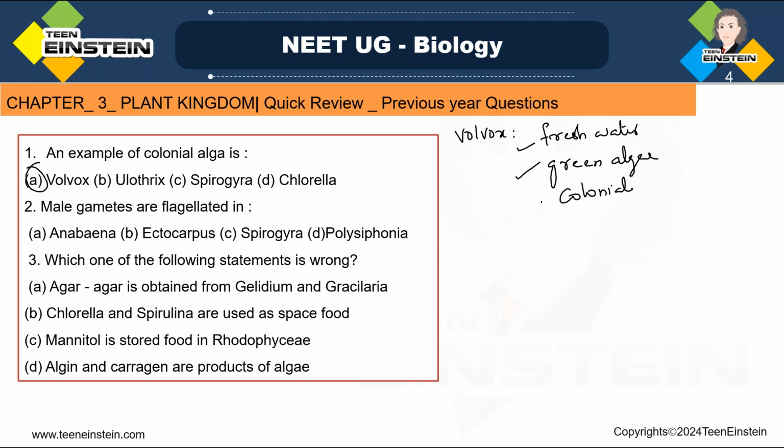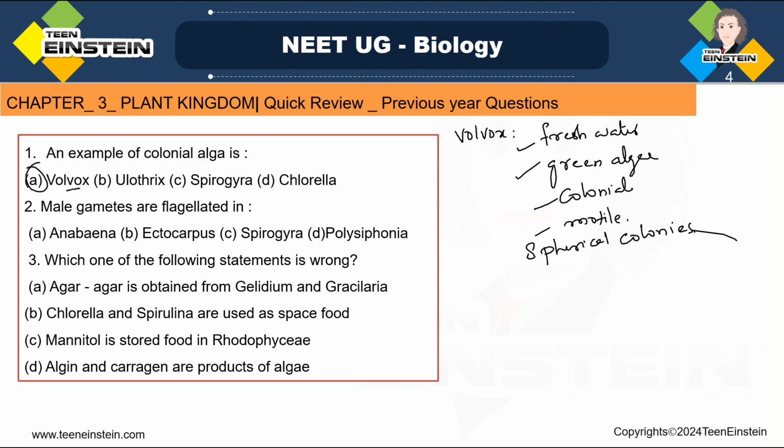So volvox is a motile colonial freshwater green algae, and it forms spherical colonies. The right answer is volvox, option A. Along with that, you learn extra points: it is a freshwater form, comes under green algae, is colonial, is motile, and forms spherical colonies.